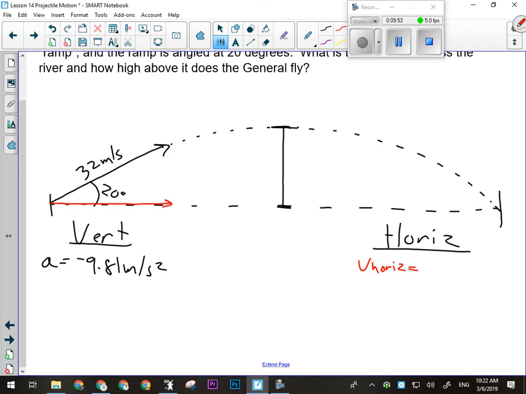Calculating this side of the triangle will give me my horizontal velocity. Similarly, this velocity vector has a vertical component. And since this is only true at the instant the General Lee leaves the ramp, this vertical part represents my initial vertical velocity, because that's going to change due to gravity.